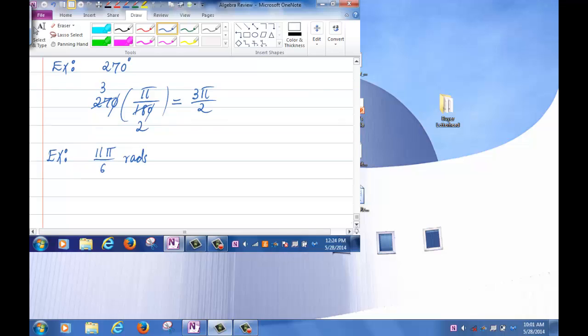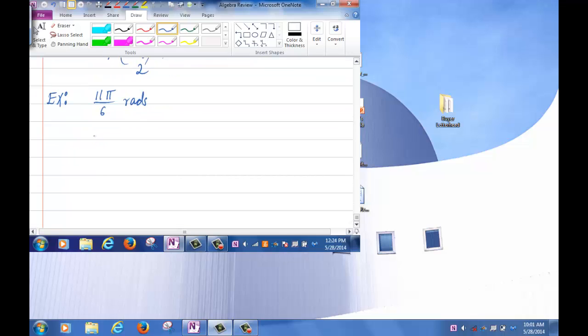What should I do then? Well, I have to multiply 11 pi over 6 with what? Now, instead of pi over 180, it would be 180 over pi. Okay, so that's what you need to multiply it with to get the degree measure. So what is that equal to?